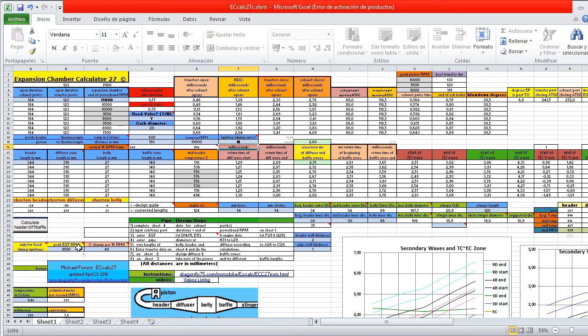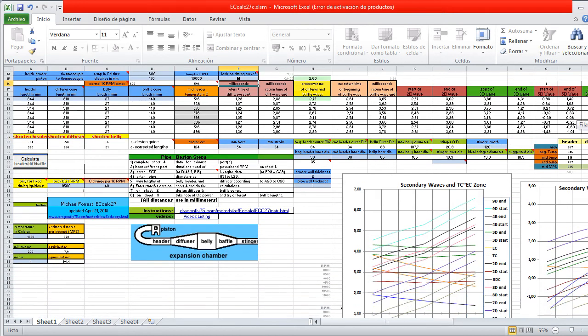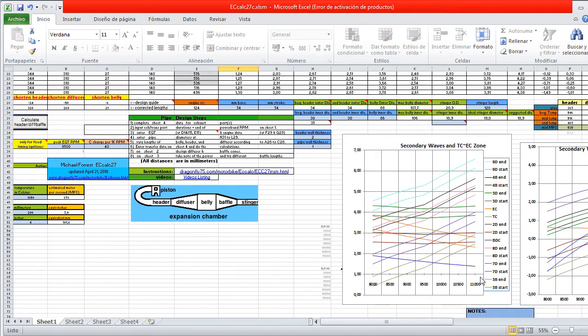And this is fictitious, of course. This is saying the peak temperature RPM is 9,500, which, if you look here, is the fourth one. If you go over here for the mid-header temperature, the fourth one says 576, and it is the highest temperature of all of them. It goes down from there in this direction, it goes down from there in this direction, and you can see the effect on the secondary waves graph at that RPM.